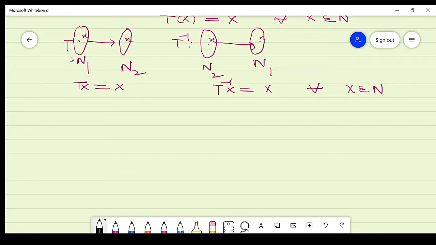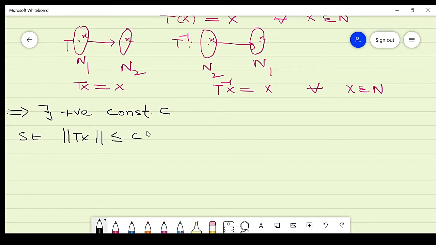Now, T is a bounded operator from N1 to N2, so by the definition of a bounded operator, there exists a positive constant C such that norm of Tx is less than or equal to C times norm of x for every x belongs to N. The norm of Tx is x.